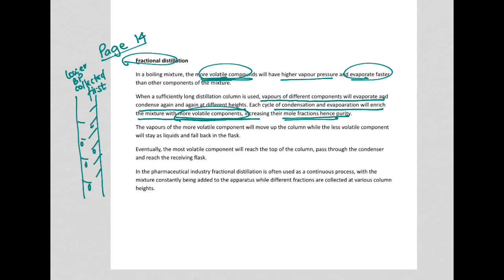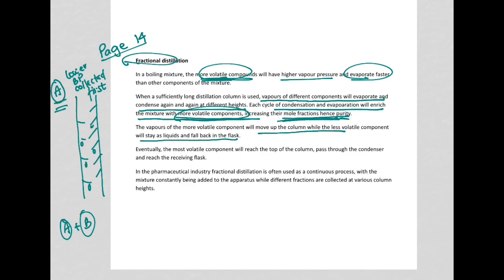Mole fraction is how many moles of component A you have in comparison to the number of moles of component A and B together. Right? So it increases the mole fraction and increases the purity as we go up the column. Vapors of the more volatile component will move up the column, while the less volatile will stay as liquids and fall back in the flask.